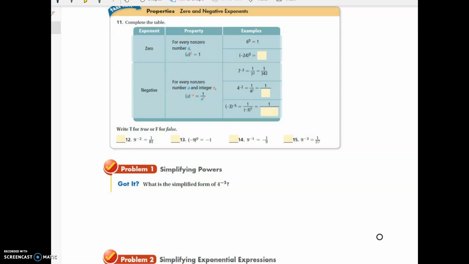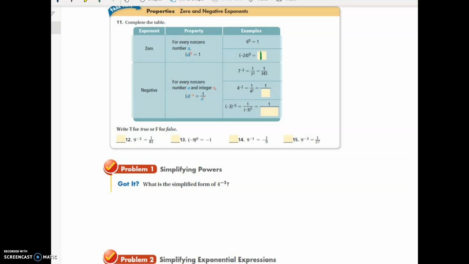So this first one goes pretty quickly because we already talked about anything to the 0 power is simply 1. And we already talked about, or were introduced to, when you have a negative exponent, you've got to flip it. And if your exponent, like I said, is below 5, then go ahead and work it out all the way.